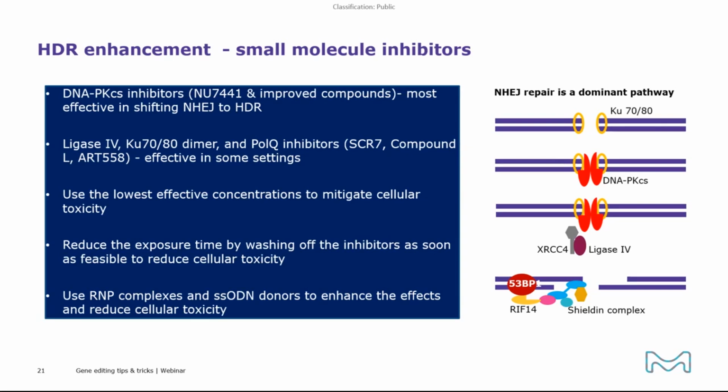Nu-7441 is a potent DNA-PK inhibitor, but new improved inhibitors have been shown to be more effective than Nu-7441. The inhibitors to ligase 4, Q7080 heterodimer, and DNA polymerase theta also can be effective in certain settings, but they are in general not as effective as DNA-PK inhibitors.